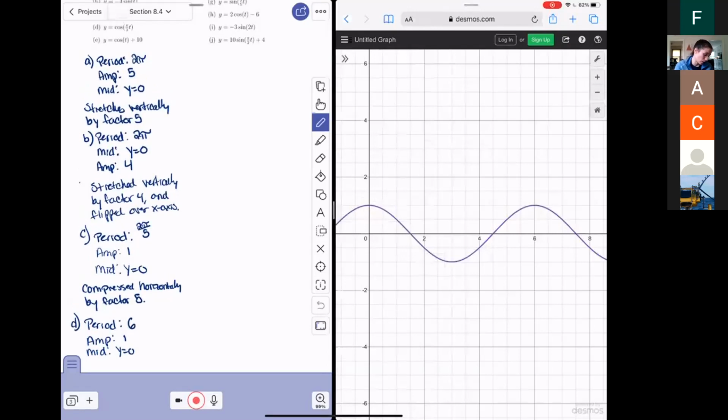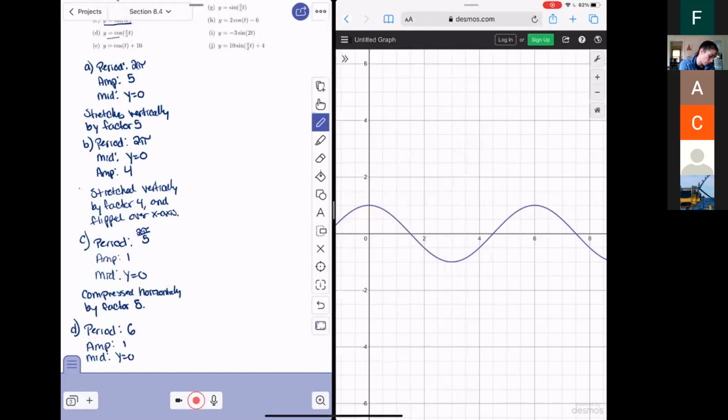So now looking at the equation of D up here, how is my equation being transformed? It's being stretched by a factor of pi over 3.